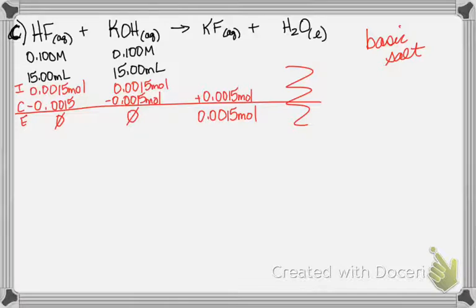Can you guys write fluoride ion, a balanced chemical equation, fluoride ion in water, and show me what the fluoride does to make it a basic salt? Pause it and write it.